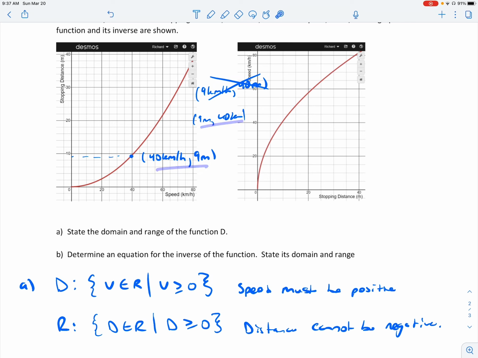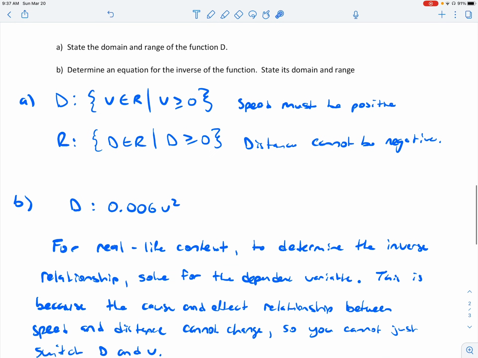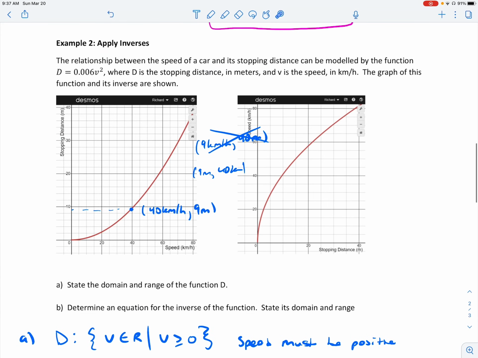So when we algebraically try to find the inverse, we don't want to switch D and V. If we switch D and V, that would be like switching the units too, and having 9 kilometers per hour with a stopping distance of 40 meters. That would be ridiculous, and really inaccurate.